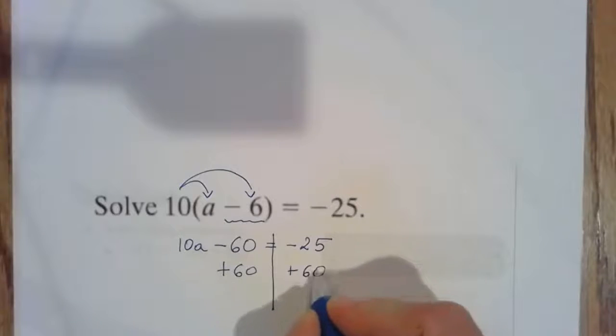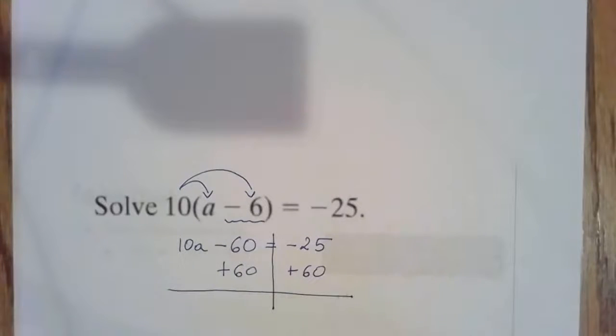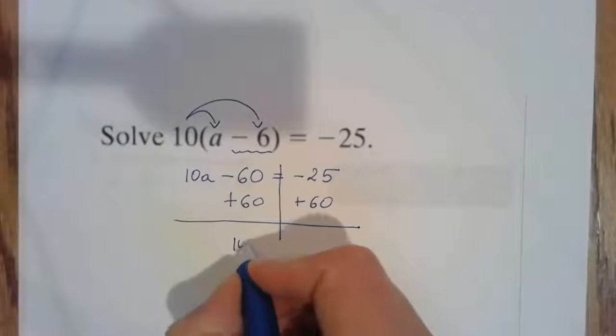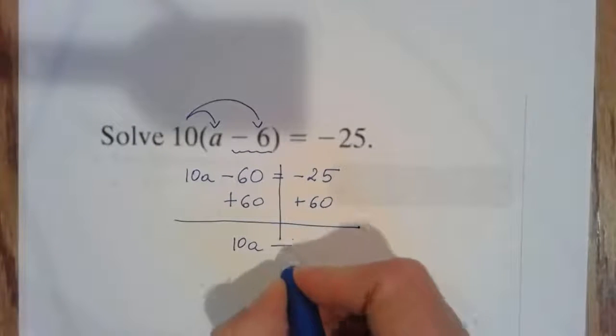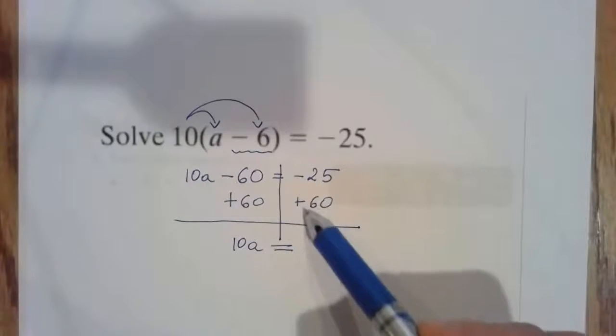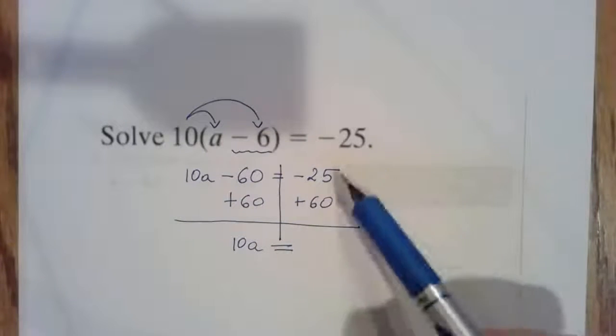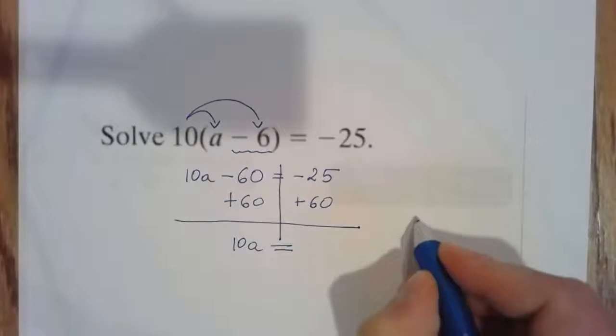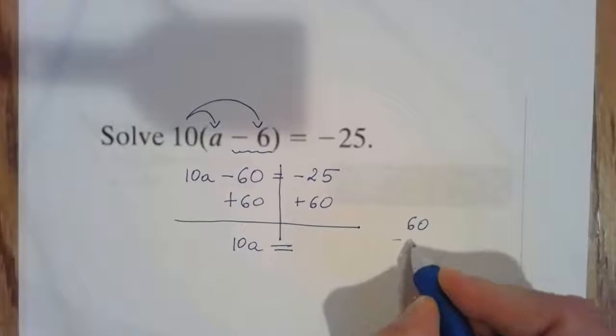Now on my left side, I'll bring it up, leaves me with 10a because the 60s are going away. Now what am I going to do here? I have different signs, so I'm going to subtract. But I cannot subtract 25 minus 60. So somewhere on the side, I'm going to put 60 minus 25.